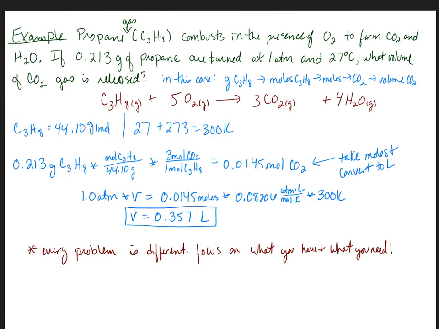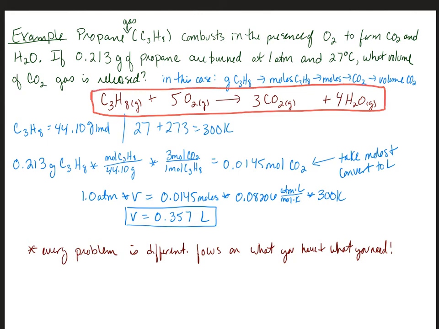So the first thing we have to do, like always, is figure out what our balanced equation is, which is exactly what I've done here. And then you need to figure out what do you have, where are you going, that type of thing. So we start with grams of C3H8. We need to convert that to moles of C3H8. That will then go to moles of CO2 and finally into volume of CO2. So that's what we're asked for. What is the final volume of CO2 that we have here?